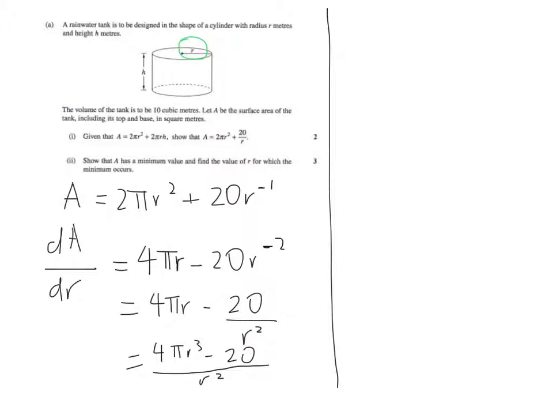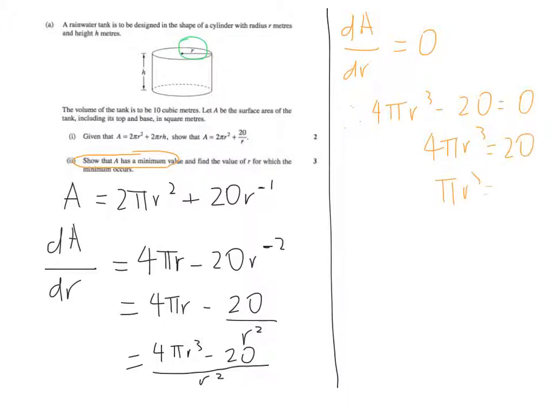It's not going to be an issue for us, but what we'll end up doing is showing that dA on dr equals 0. We also need to prove that it has a minimum. That's actually the first part of the question, show that A has a minimum value. So I'm going to let this equal 0. Well, we've already decided the denominator can't be 0, but the numerator can equal 0, so that will mean that 4 pi r cubed minus 20 equals 0, or 4 pi r cubed equals 20.